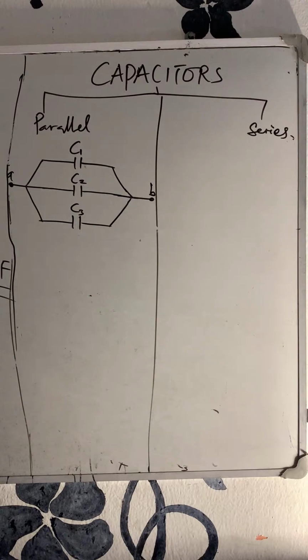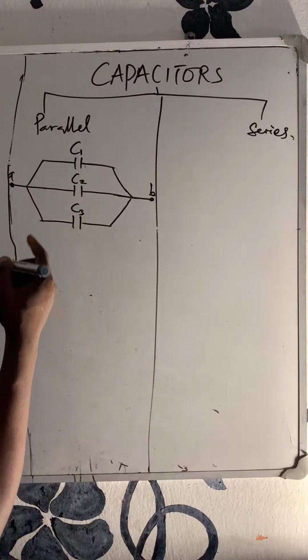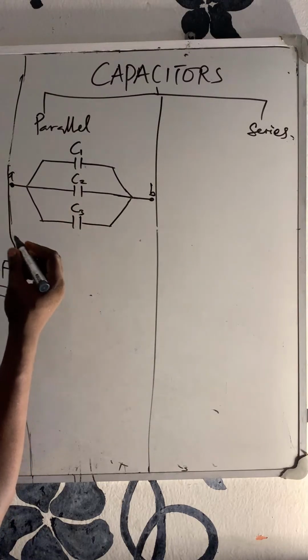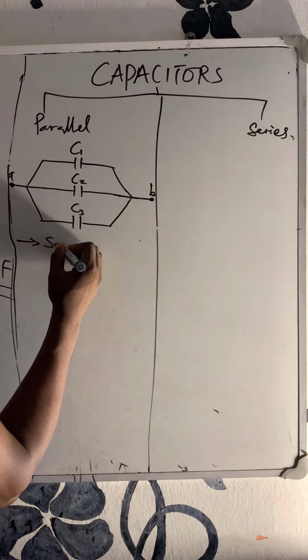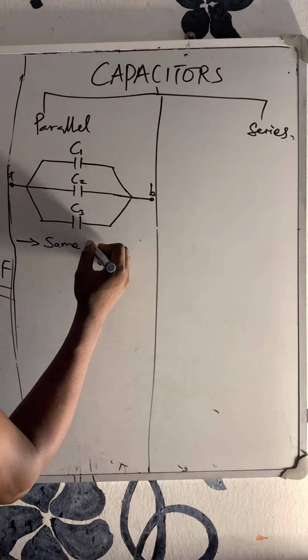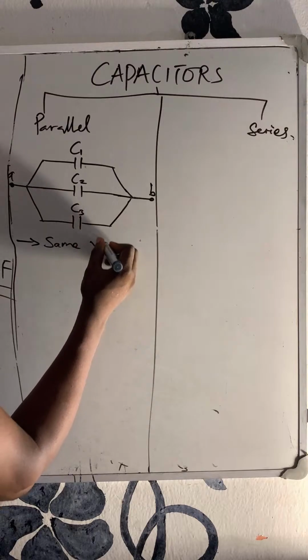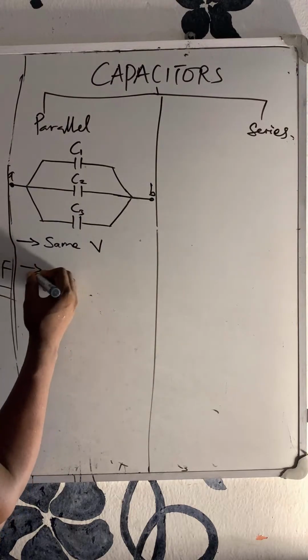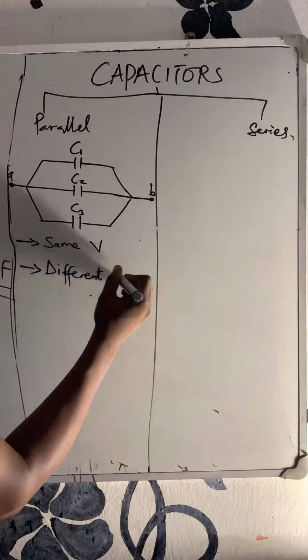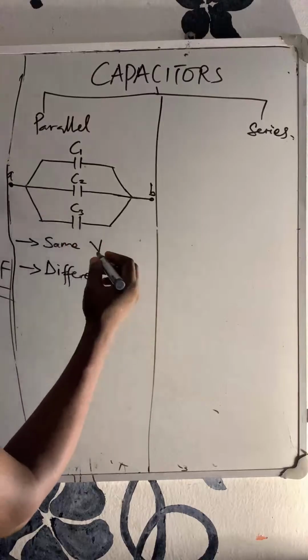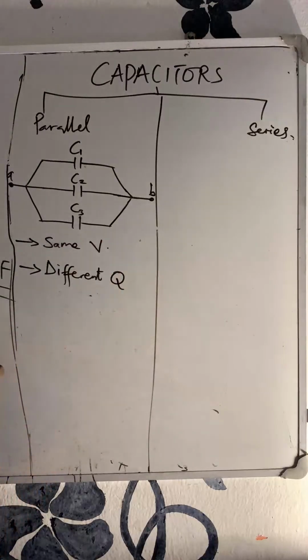Now look at this quickly, without wasting time. In this particular arrangement, you see that they have the same V, but they have different Q. What do I mean by same V? They have the same potential difference, but different charge.